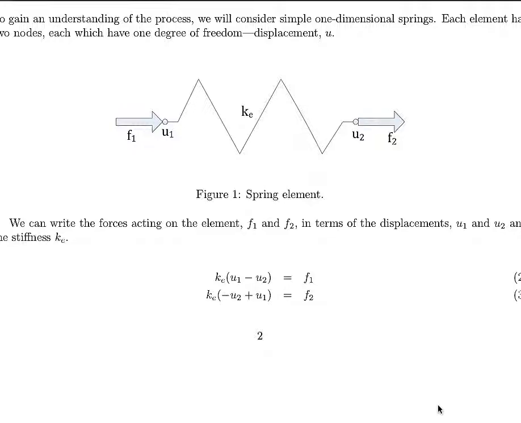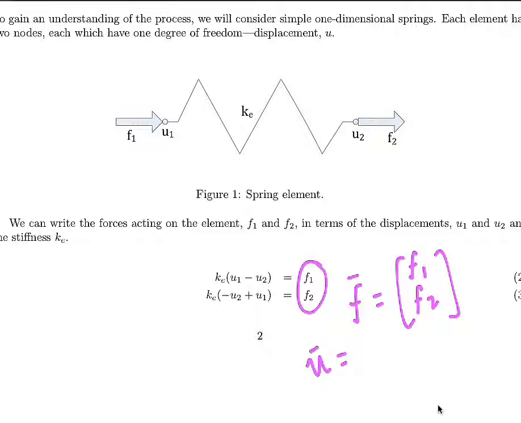Let's say F vector will be equal to, it has two components, F1 and F2. And then the U is another vector. It has two components, U1 and U2.